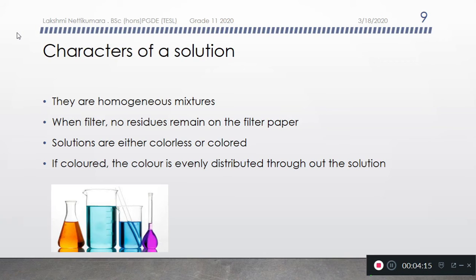When you send a beam of light through a homogeneous mixture, you cannot see any scattering of light. That means you cannot see the path of the light through the homogeneous mixture. But you can see the path of the light through a heterogeneous mixture, because these particles let the light beam scatter.